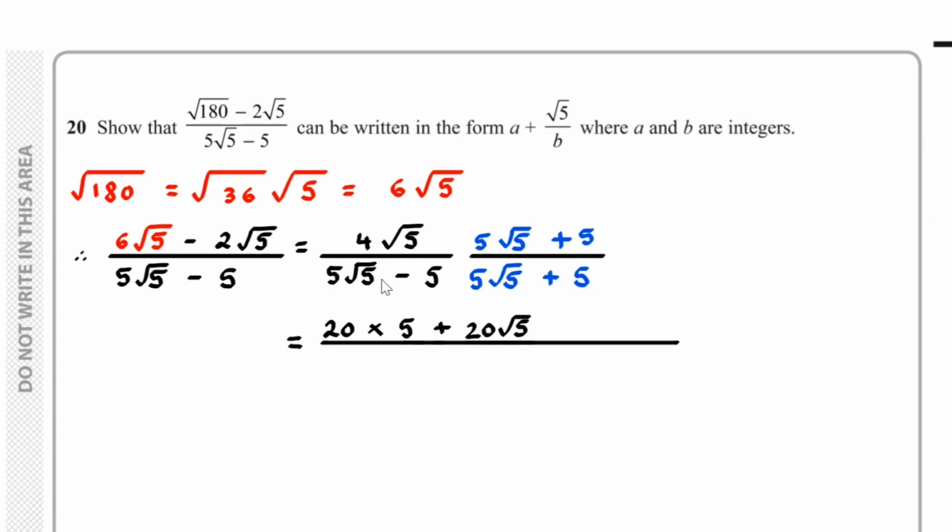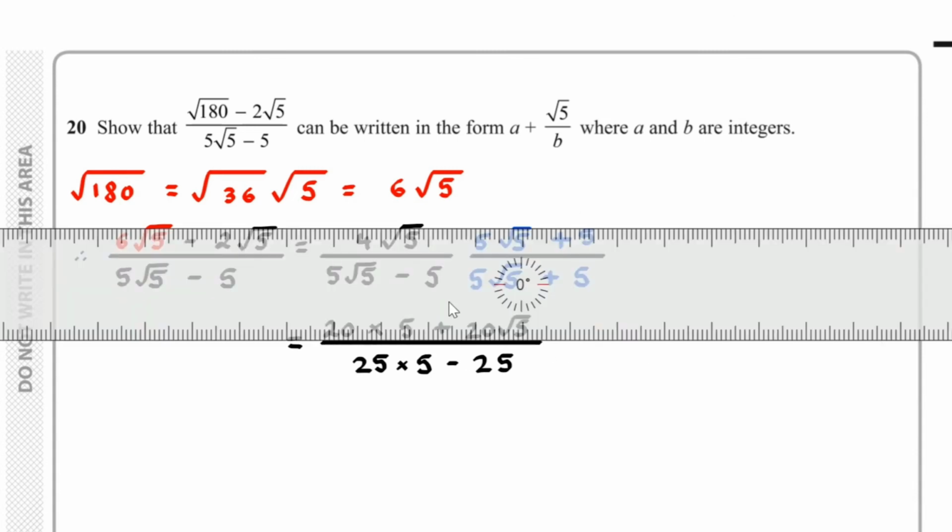And then on the bottom we've got a difference of 2 squares. 5 root 5 times 5 root 5 is the same as 25 times 5, and then 5 root 5 times 5 is 25. So what do we get over here?